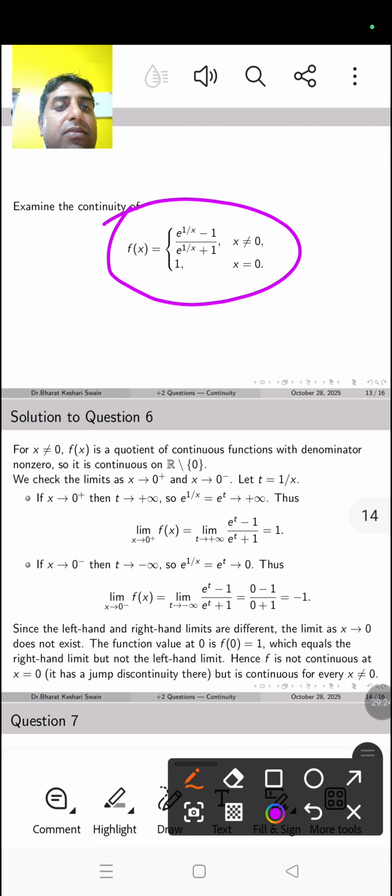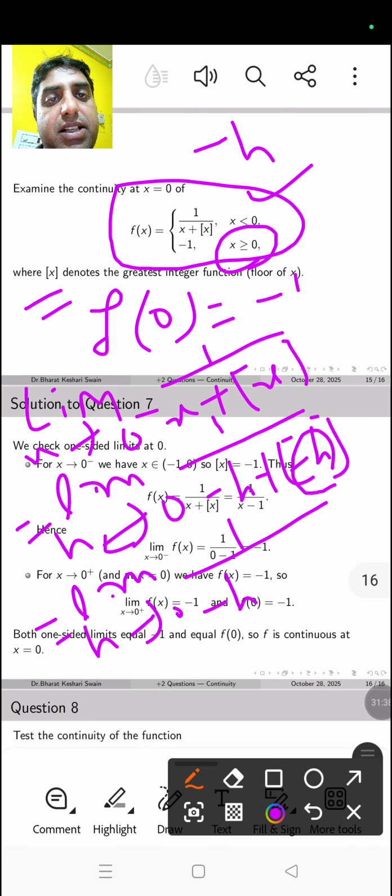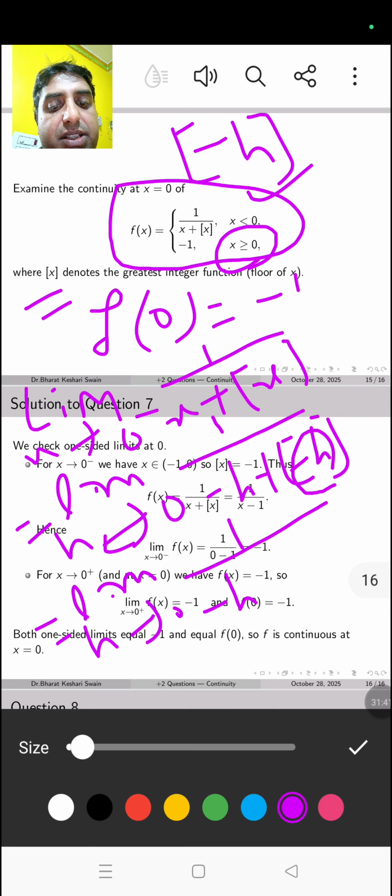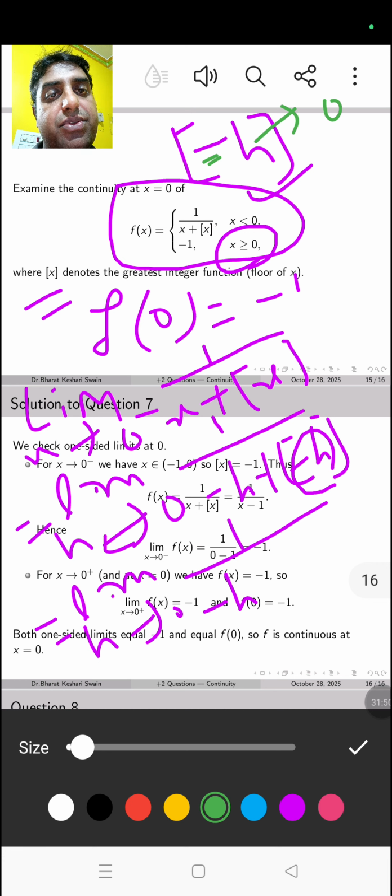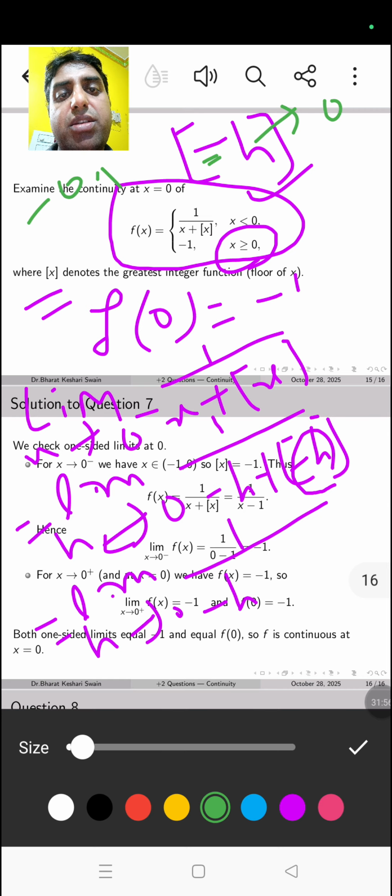Therefore limit h tends to 0 of 1 divided by minus h plus the greatest integer of minus h. What will this be? Here h tends to 0 and it is negative, so it is something like minus 0.1, minus 0.2 or minus 0.001. Very small but tending to 0, with a minus sign.